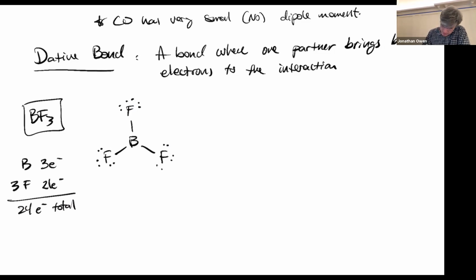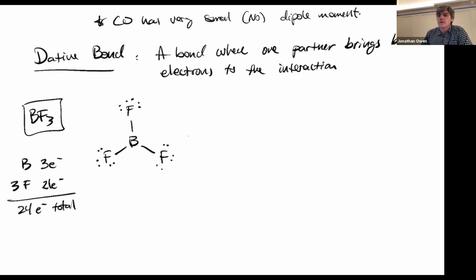And let's count them up. 2, 4, 6, 8, 10, 12, 14, 16, 18, 20, 22, 24. There we are. All electrons are accounted for. And one thing you might say here is, all right, well, boron's got a problem. It's only got 6 valence electrons around it in this molecule, and so it's hypovalent.